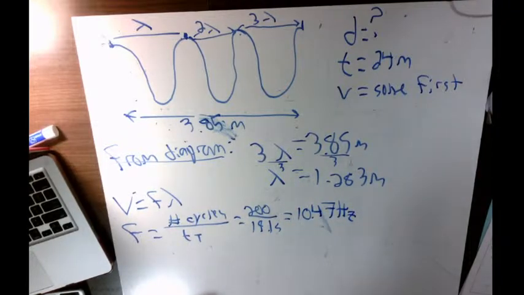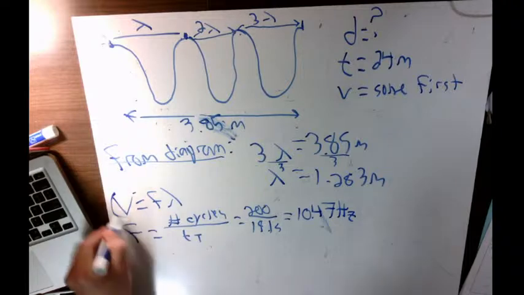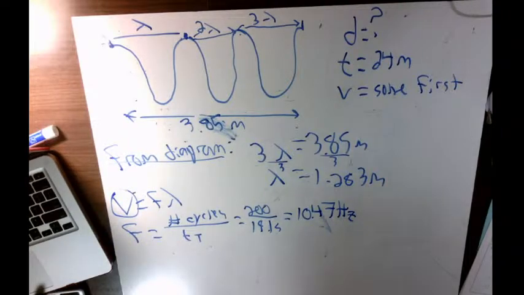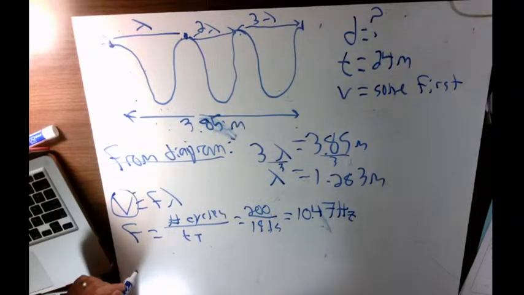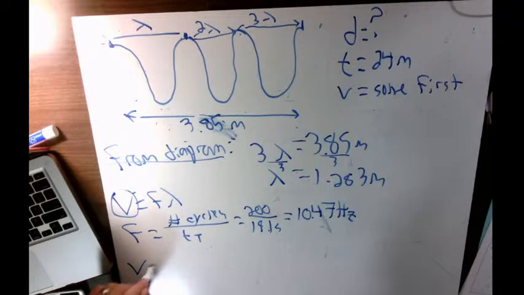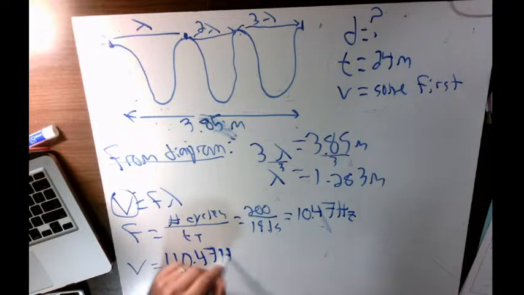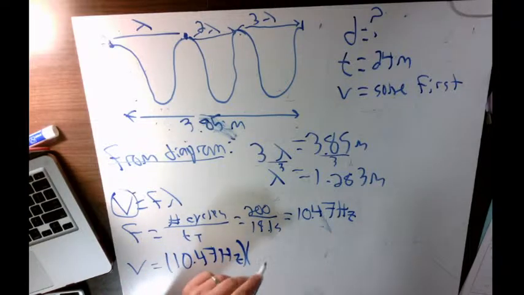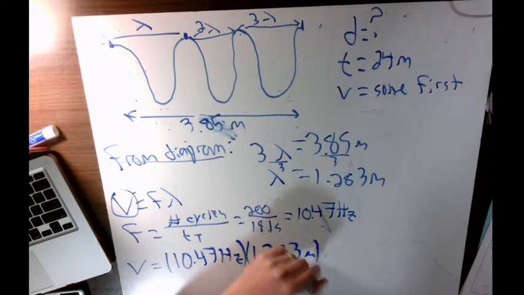Now we have all that we need to solve for the speed. Speed is equal to frequency, 10.47 hertz, times our wavelength, which is 1.283 meters.